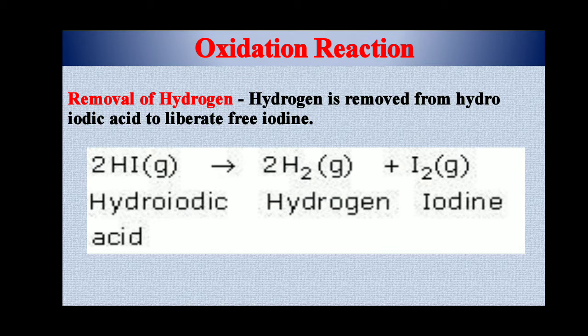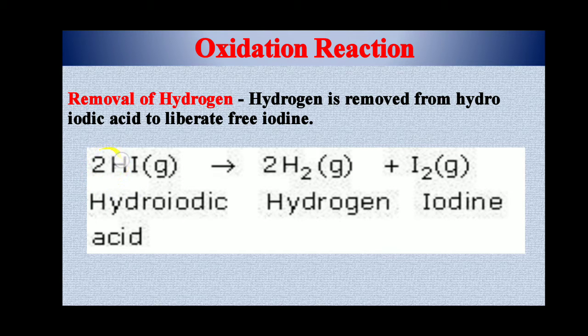Just see the example. 2 molecules of HI, that is hydroiodic acid, give 2H plus I2. You can see here 2 iodine and 2 hydrogen are there.